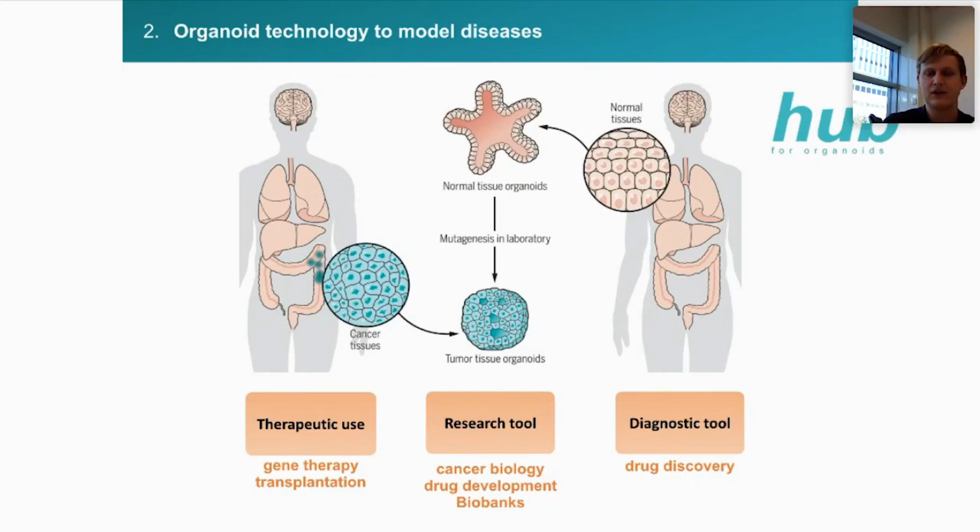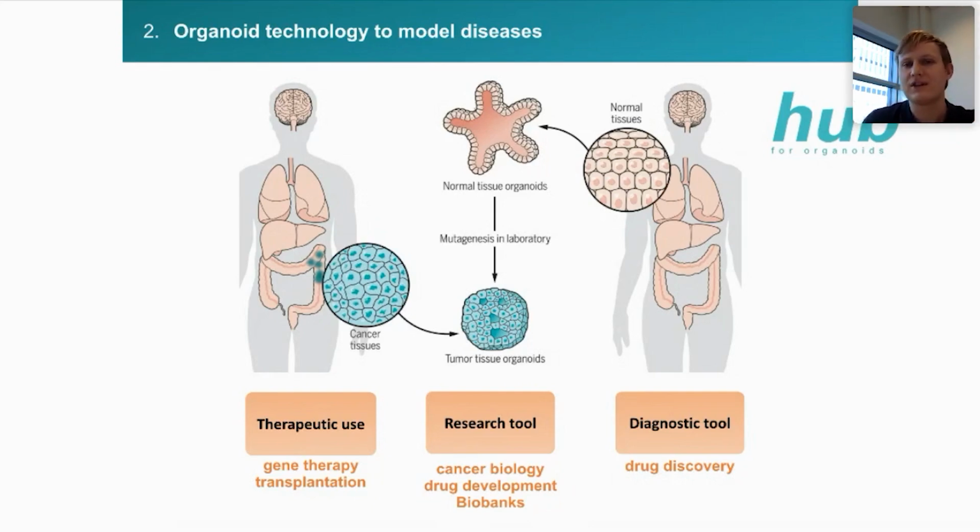What they did was to open a resource, a huge biobank that contains hundreds of human organoid lines, from normal tissue as well as from diseased tissue, and they provide a lot of these organoid materials worldwide, as well as procedures, for example, on how to isolate organoids and so forth. And this can really be harnessed to study cancer biology, on the one hand as a research tool, but in the future, as I said, also as a therapeutic and a diagnostic tool.